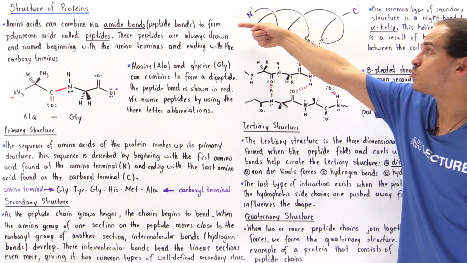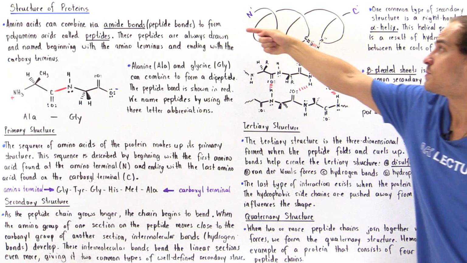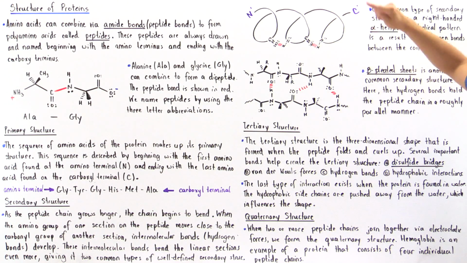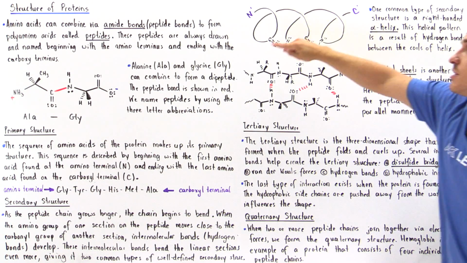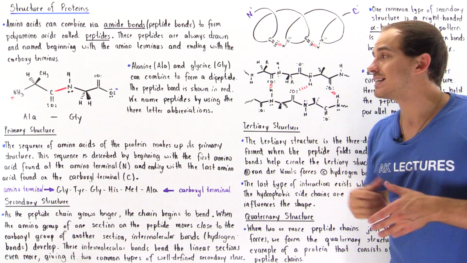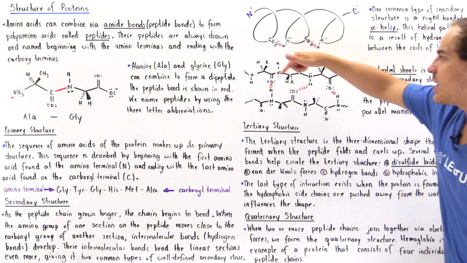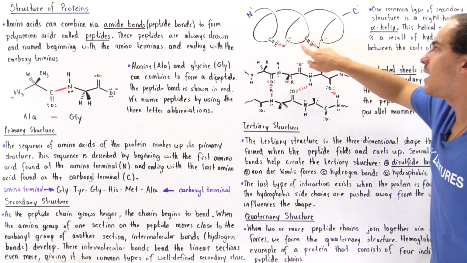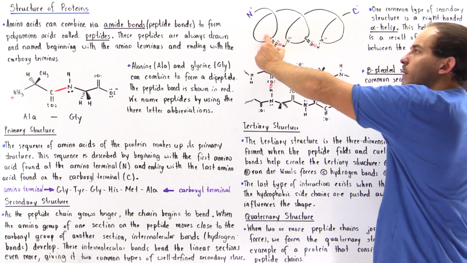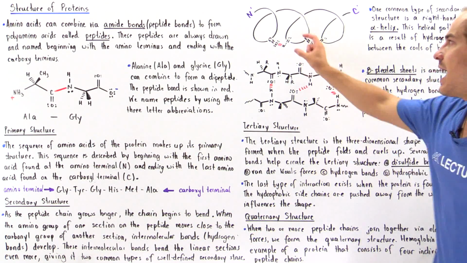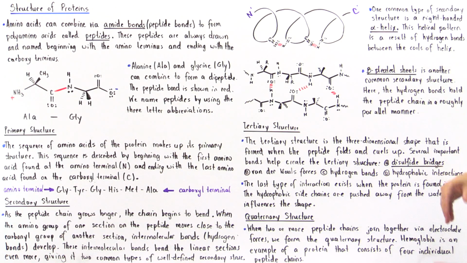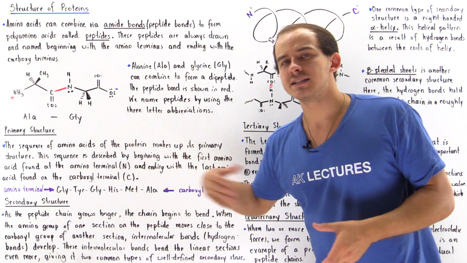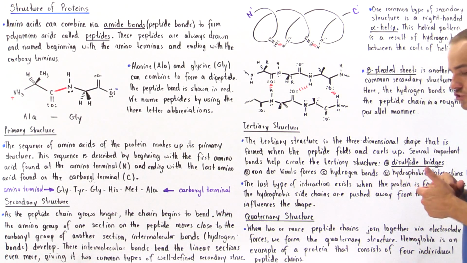So if we imagine we have the x-axis as shown here, and we have the coiling of our linear chain that takes place, these coils are held together in the same way that these sheets are held together, by the hydrogen bonds that exist between the carbonyl group of one amino acid and the amino group on another amino acid. And these types of structures make up the secondary structure of our proteins.